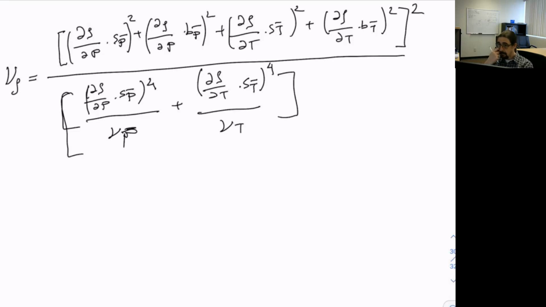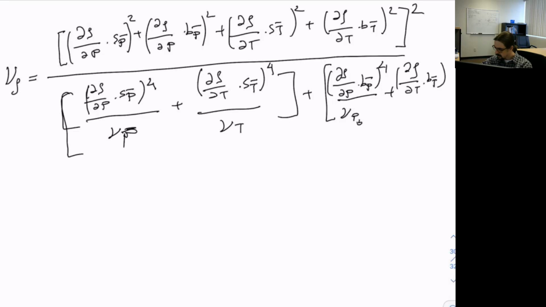And then we do the same thing for the other term, which is d rho over dp times bp bar divided by vp spec sheet, I'm going to get to that, to the 4th power, plus d rho over dt times bt bar to the 4th power, divided by degrees of freedom TB.